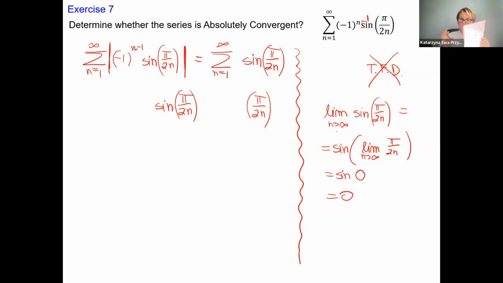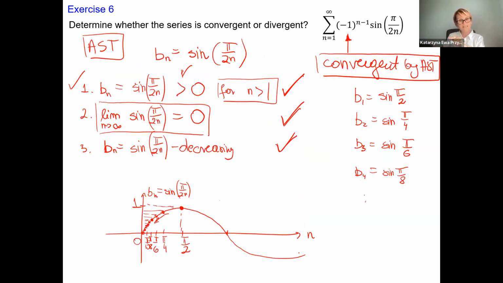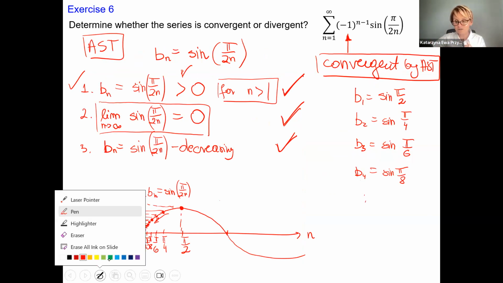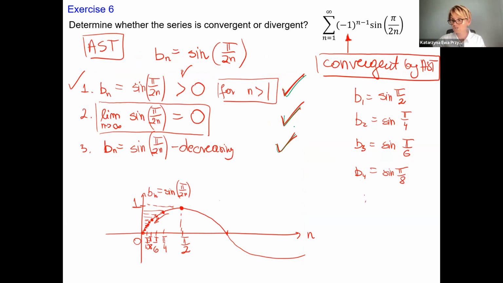Also, since we're talking about this, please remember AST, the alternating series test. The name doesn't say, but this test, if it works, only tests convergence. Check, check, and check.